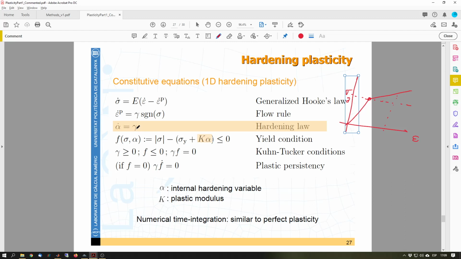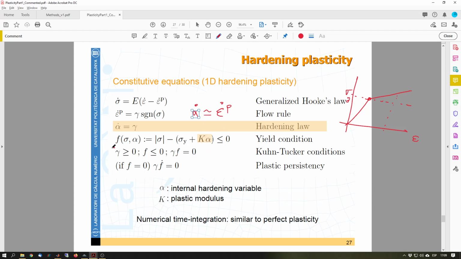We know epsilon p rate, so if this increases steadily, then also sigma dot, if the sign is constant, is constant relative to the plastic strain rate. And this is what we are including here, this alpha parameter.